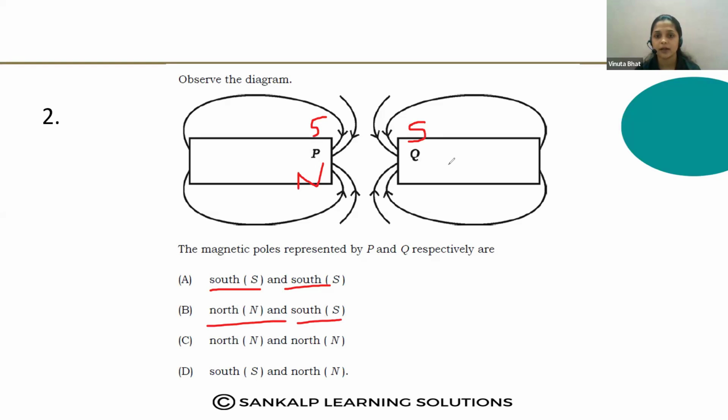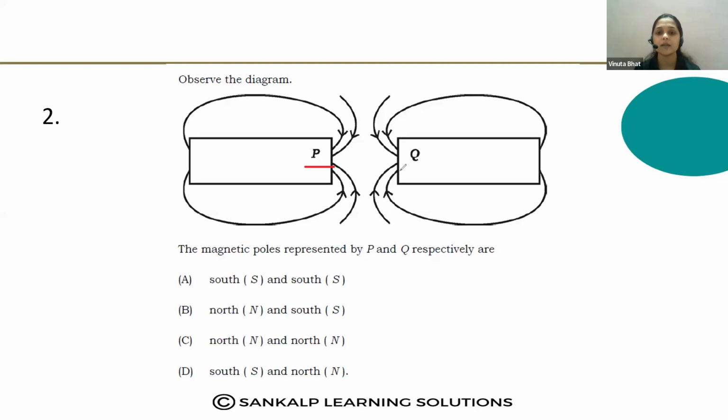Option C: north and north. Option D: south and north. Here P and Q represent what?